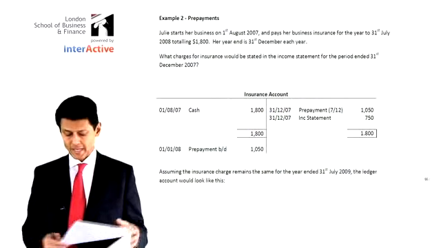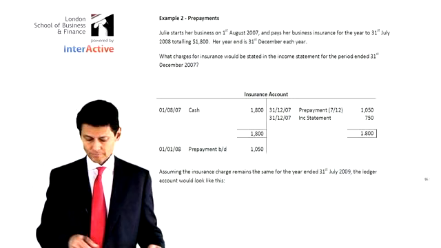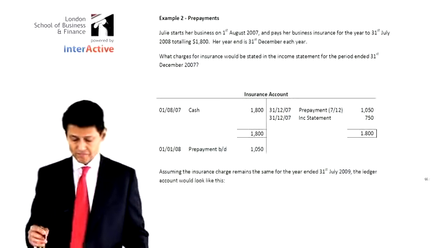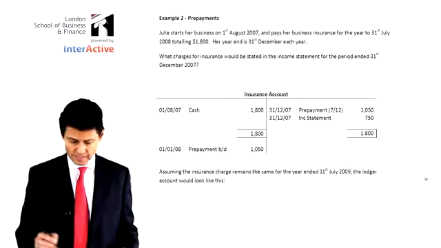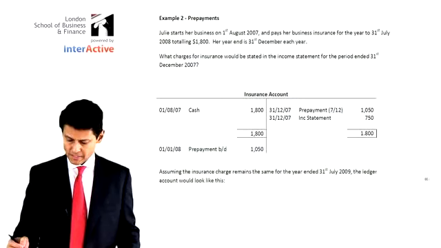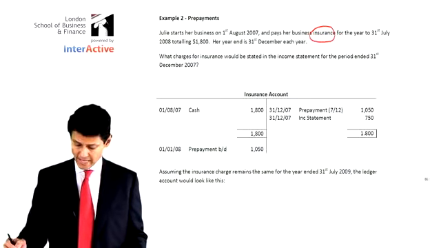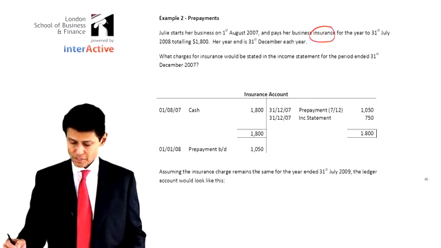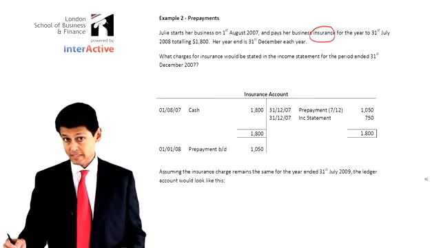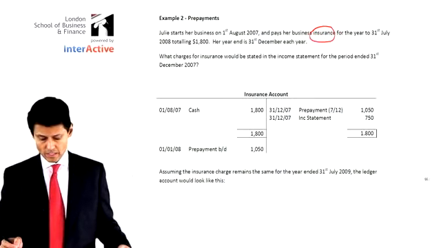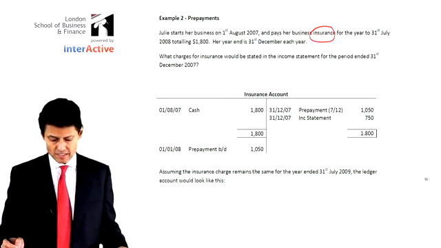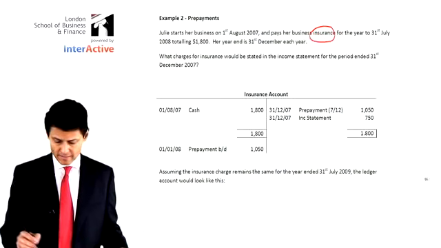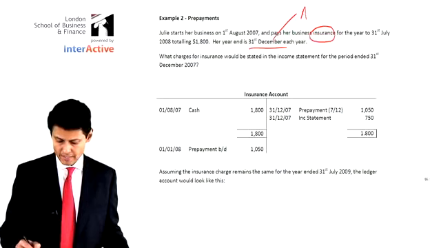Someone called Julie starts her business on the 1st of August 2007 and pays her business insurance for the year to 31st of July 2008. If you started in August, naturally 12 months is till the end of July. Her year end is 31st of December each year, so that's her accounting year end.